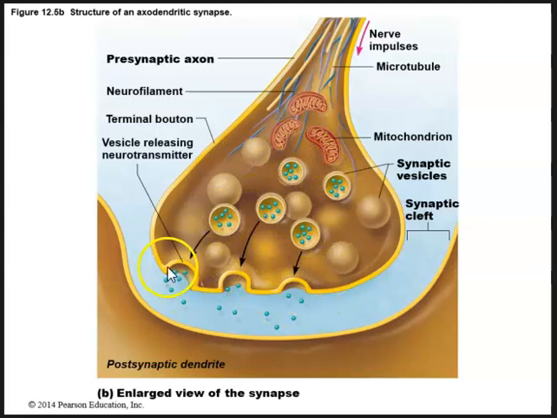So here you have a vesicle going to the synaptic membrane of the terminal bouton and releasing the neurotransmitter into the synaptic cleft. Okay, and then receptors on the postsynaptic dendrite will pick up the neurotransmitters and allow for continuation of the signal. And the postsynaptic dendrite is what will carry the message away from this actual synapse.